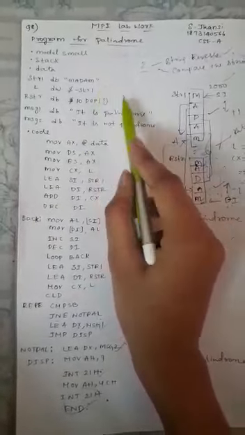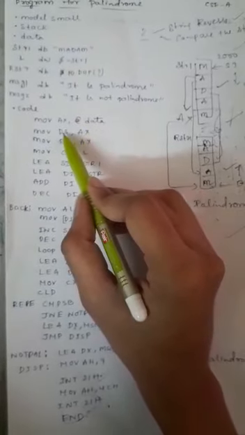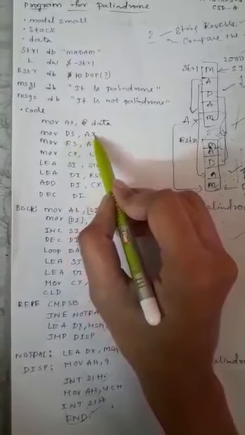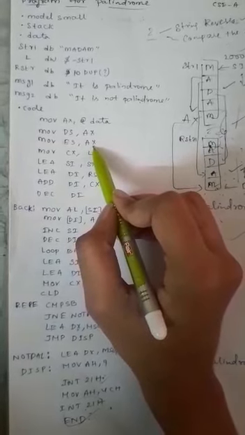Next, coming to the code segment, move the data into the AX register, and from the AX register to the data segment register, and from the AX register to the extra segment register. It is used to store the original string, and it is used to store the reverse of the string.